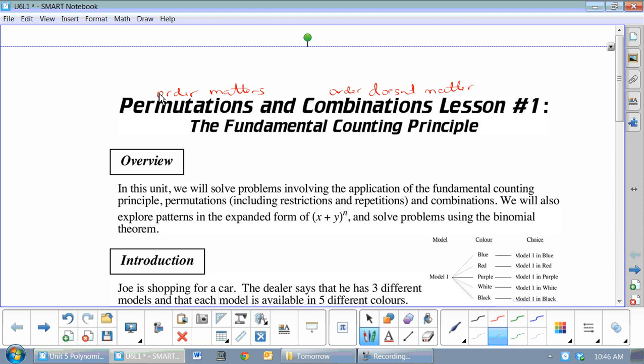So, the challenge of this unit will be reading the question, deciding is it a permutation, is it a combination, getting all the restrictions, dealing with all the restrictions, and then doing a question. I'll give you an example of a permutation question.